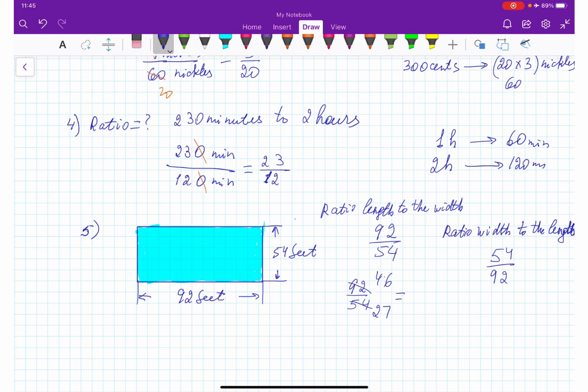So the ratio for the length to the width is going to be 46 over 27. And I do not see how further we can simplify.